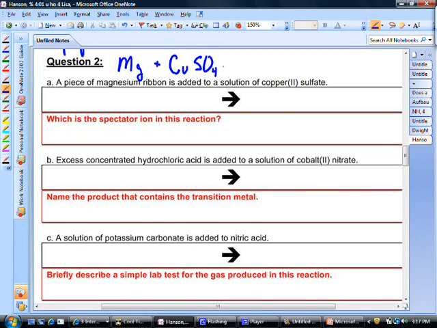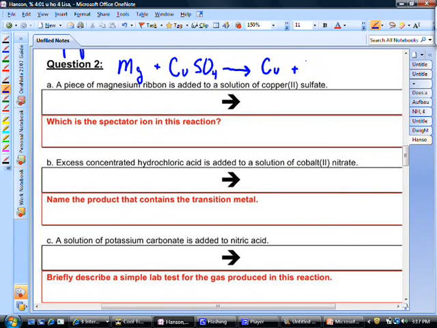If you're in my classroom, you have carried this lab out, and you know that it's a single replacement reaction. We get some pure copper. It kind of looks like rust. Although it's pure copper, it's sitting there on the surface of the magnesium ribbon, and we know that in solution, then, we have to have magnesium sulfate. So we've got magnesium sulfate in aqueous solution.